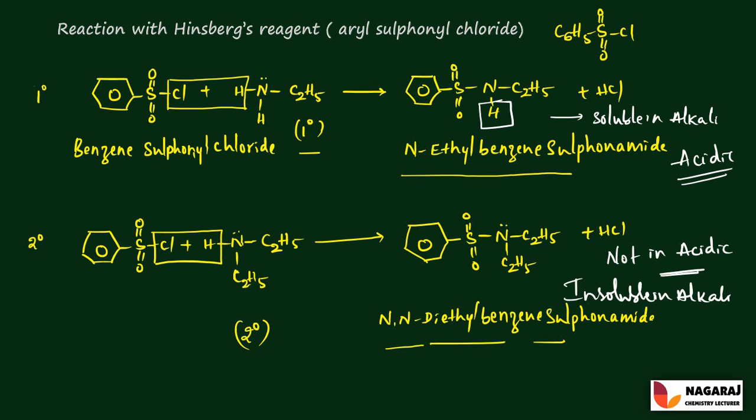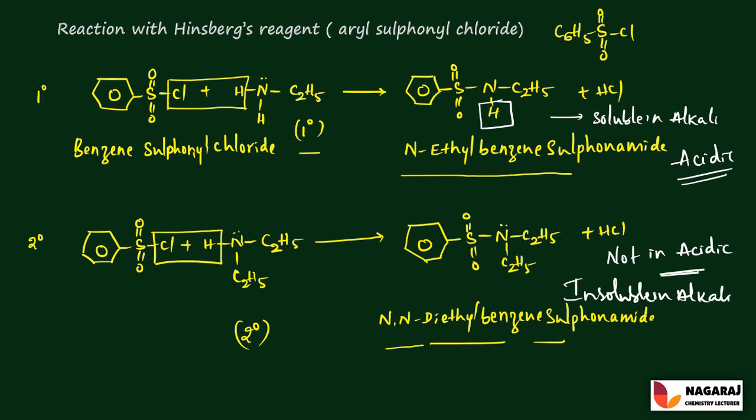So this is a very important point for the competitive exams as well as for the 1 mark question. That is, when the benzene sulfonyl chloride or Hinsberg reagent reacts with the primary amines, the obtained product is generally soluble in alkali and it is acidic in nature, because there is one hydrogen atom attached to the nitrogen in the product.